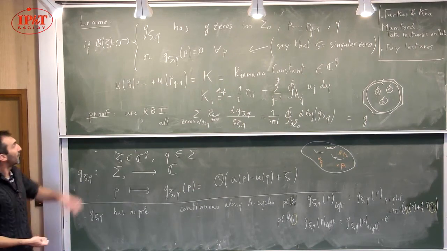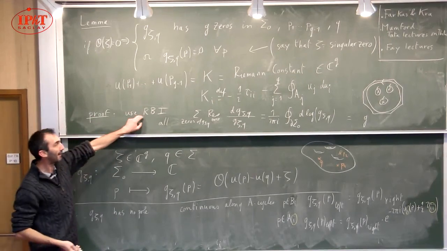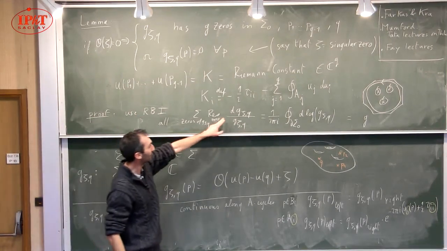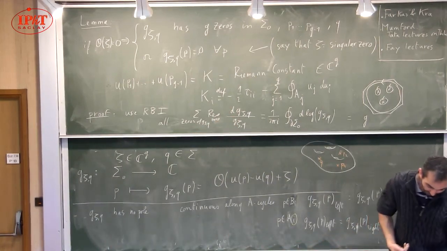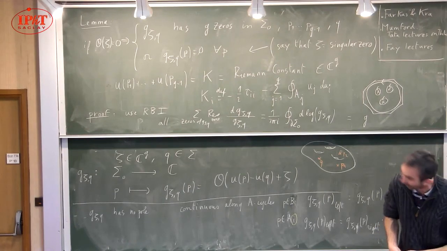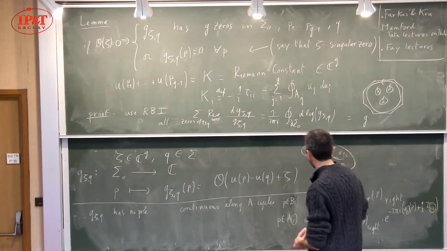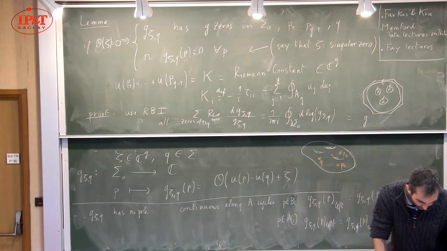To prove the second part of the lemma, you use again the Riemann bilinear identity, but not on the function dG(zeta, q) over G(zeta, q). You use the Riemann bilinear identity again, with that function multiplied by u_k. So you use it with what function?